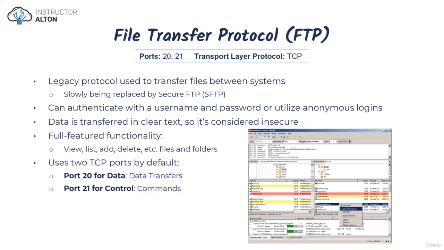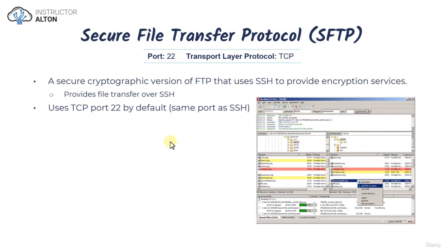Now, in terms of the secure version, like I said, it's the exact same functionality of the original one, except it does everything in an encrypted manner, and it uses SSH. You're going to notice that the port is port 22, which is the port number for SSH. So you can think of it as FTP over SSH.